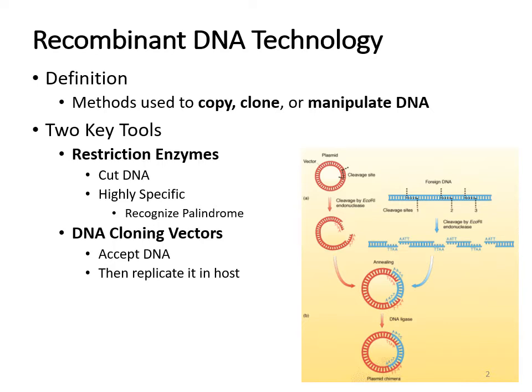Now, when you do recombinant DNA work, meaning genetic engineering, you're going to use two key tools. The first one is restriction enzymes, which you usually hear called nucleases. Make sure you write down the word nucleases to describe enzymes that will cut DNA.